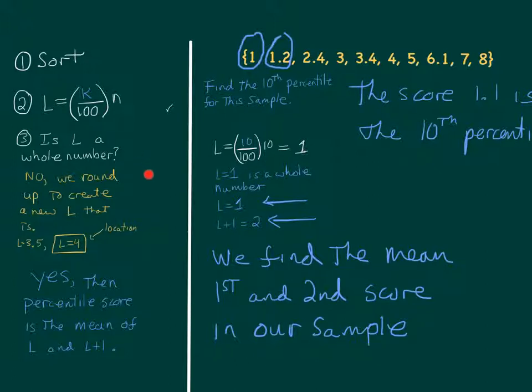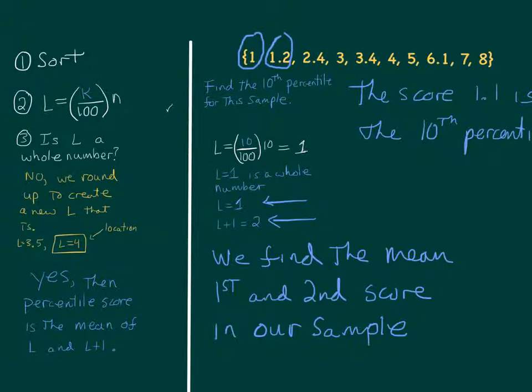If it's not a whole number, we round up. We create a new L, and that gives us the location of the kth percentile. If it does happen to be a whole number, then we compute L and L plus 1, or we keep L and we compute L plus 1, and we average these two numbers that appear in our sorted list.